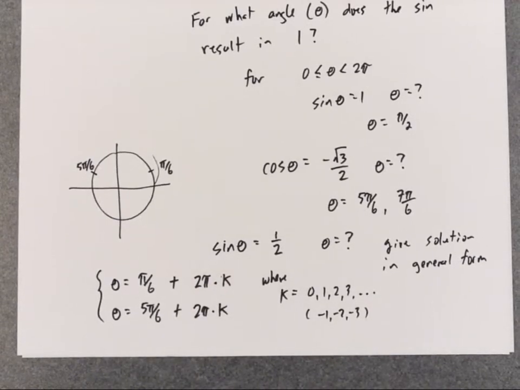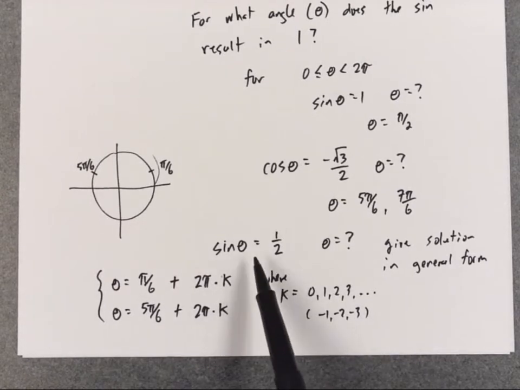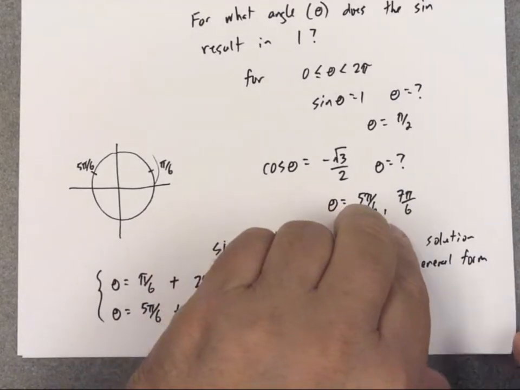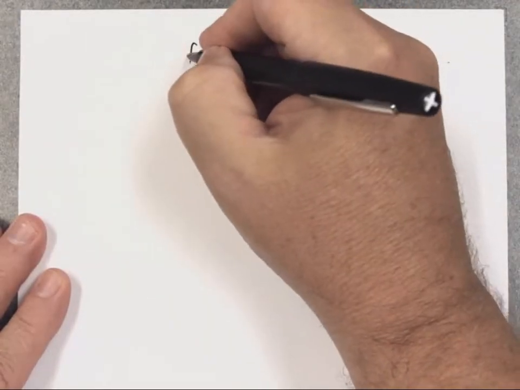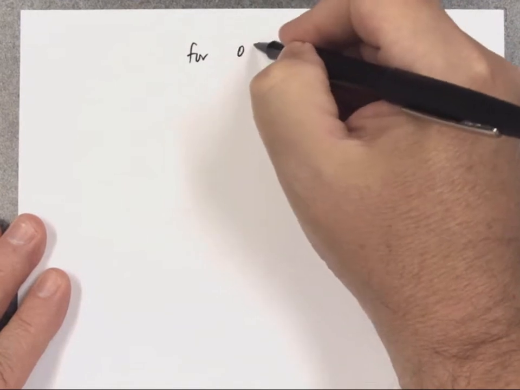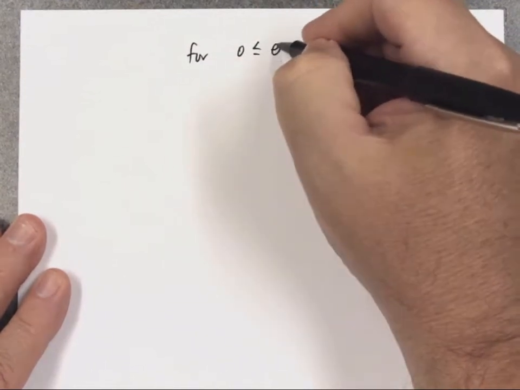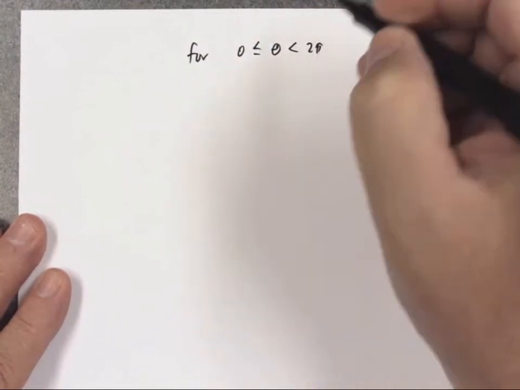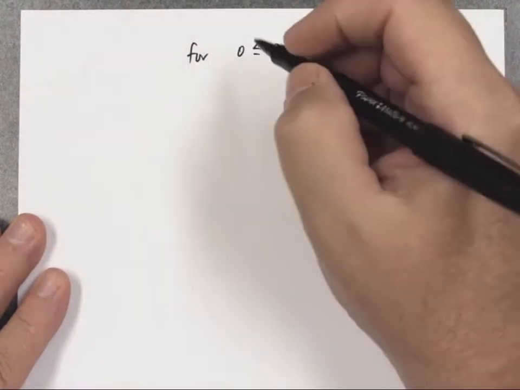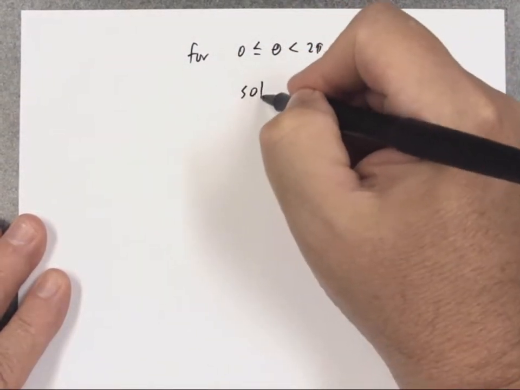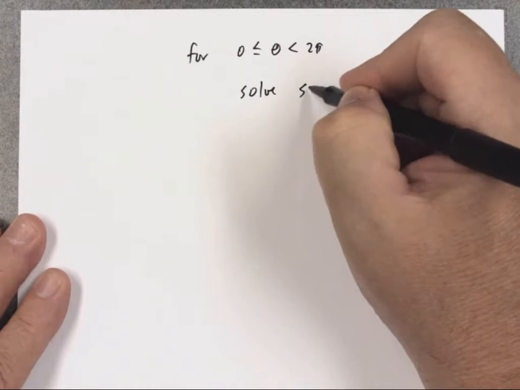Now, most of the time, when they give you this problem, they will say for theta between 0 and 2 pi, solve.